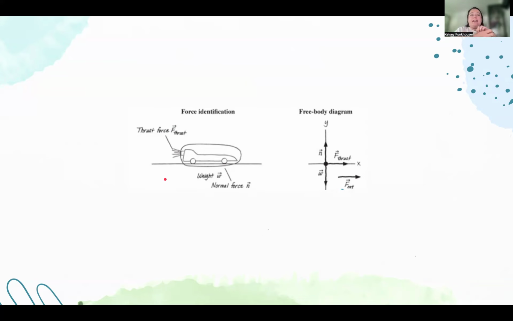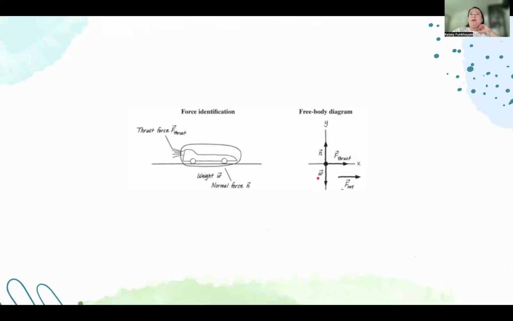And remember I said that if an object isn't falling through a surface, then the normal force is pointing in the opposite direction. Obviously there's no indication that this rocket car is sinking into the earth, so we can assume that the normal force points up. And finally, the thrust force is going to point opposite the direction of the rocket engine exhaust, so that's pointing to the right.